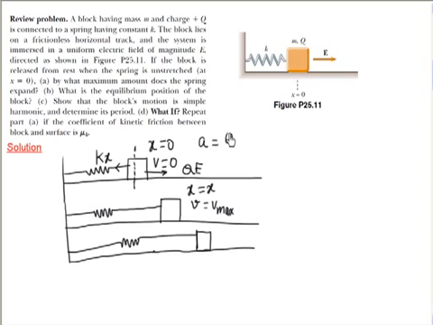Total force acting is qE, and the spring force is almost 0 because there is no x, so qE divided by m is the acceleration of this block. At the point where V is maximum, the forces acting in this direction and this direction are both equal, so I can say acceleration is 0.